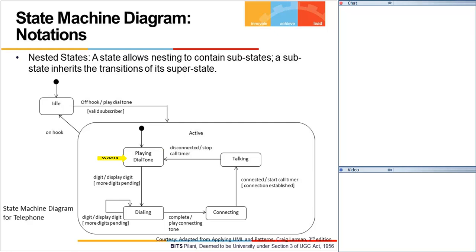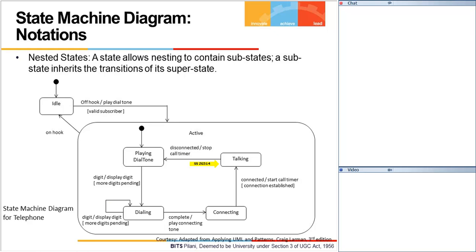Now this explains the working of a telephone system. The telephone system depicts an idle state and a nested active state. It is also important to understand that the active state has 4 sub-states.